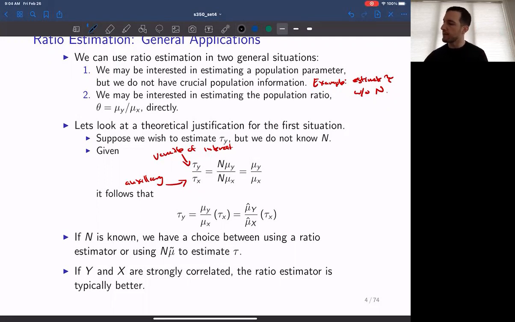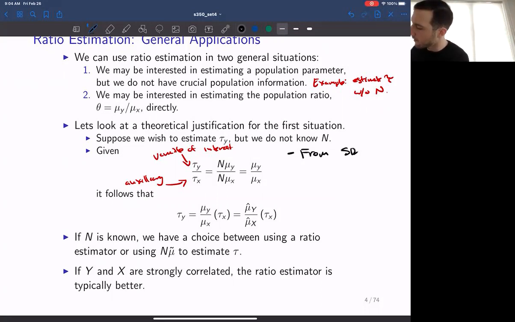So we know that from SRS, our estimate for tau is equal to N times mu hat.